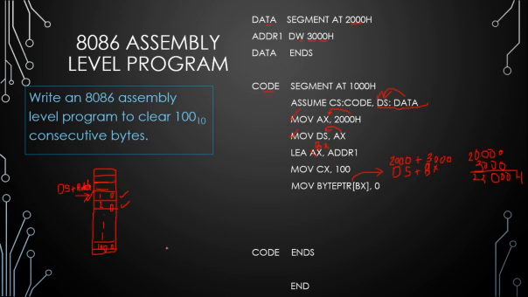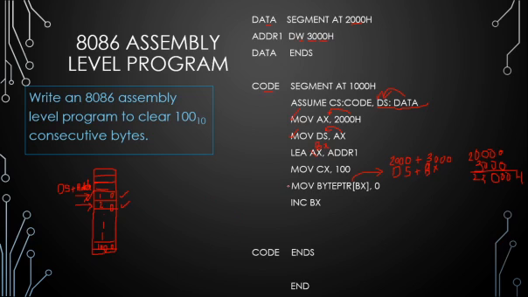So we have made the one byte location as 0. Now what is to be done? We need to increment BX. Why do we want to increment BX? Because we need to go to the next location. So increment BX. So we are now in this position, the second byte position. Now what is to be done? Again it has to be made 0.